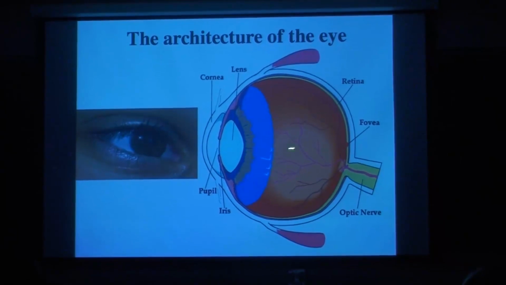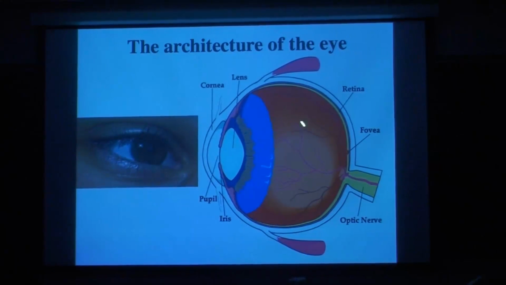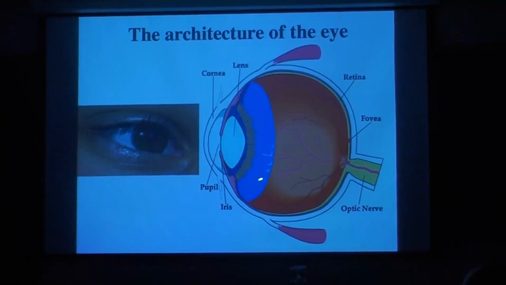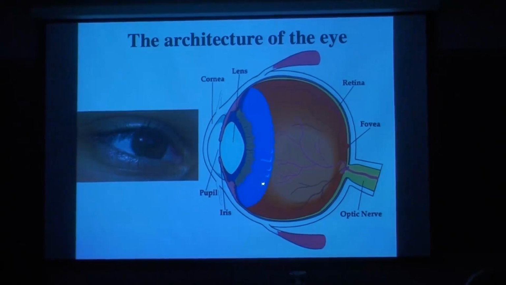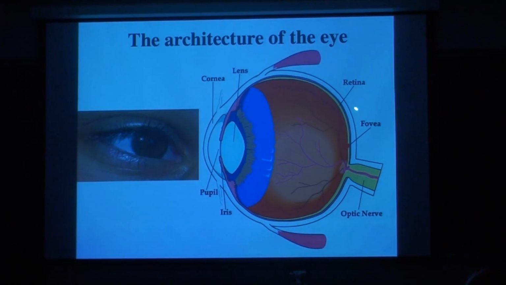Then the light goes pretty much through this whole eye here. What is in the middle is actually largely irrelevant from a physics point of view, but then at the end the light hits what is called the retina, and the retina is where the light receptors are located that detect photons and tell the brain about it.